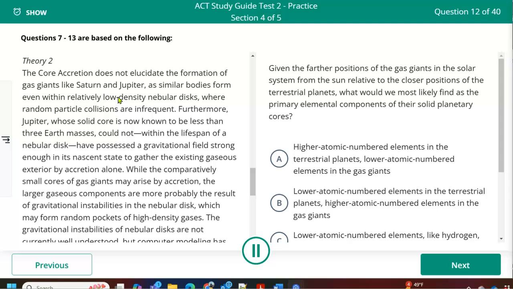So the lower atomic numbered elements would be more solid the further away that you get from the sun. So it looks like that's what we have here. Lower atomic numbered elements in the gas giants. Those are the solid planetary cores.